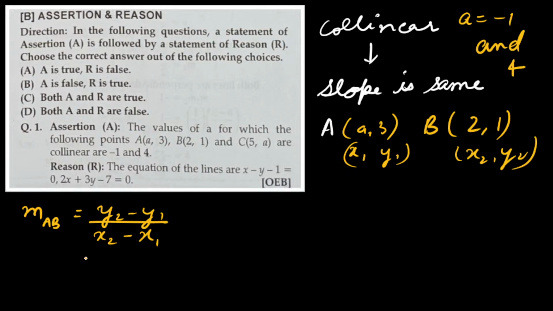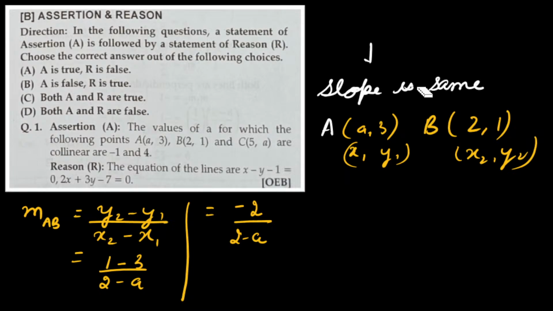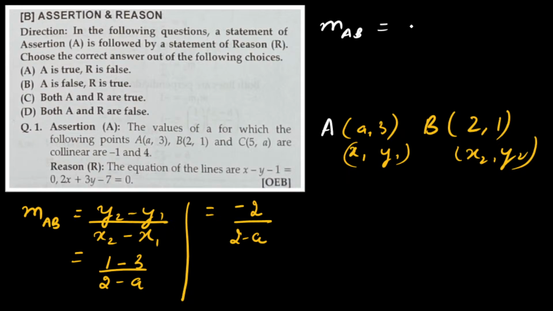This is the formula of slope. y2's value is 1, minus y1 which is 3, so 1 - 3, divided by x2 which is 2 minus a, which equals 1 - 3 is -2, over 2 - a. So slope of AB, m_AB, is -2/(2 - a).